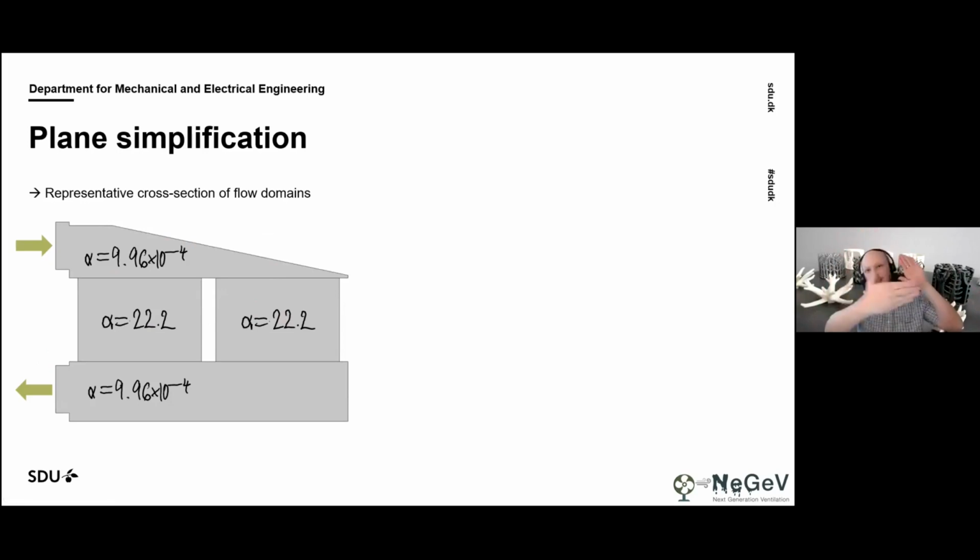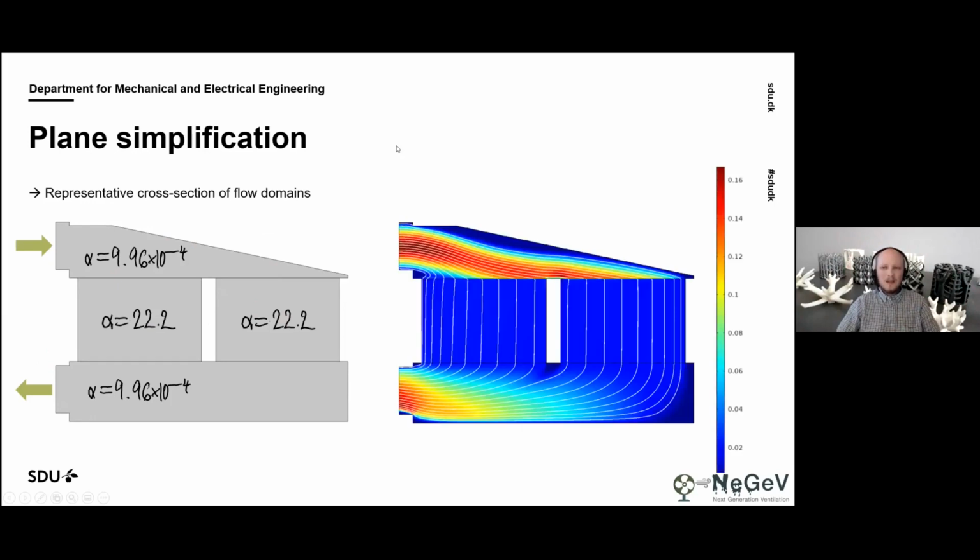This is because we still have some out of plane thickness here, but it's big, so the resistance is small. And we get this flow field here for certain flow conditions. But what is weird is that we have very small velocities between the plates here, which seems weird because we have a very high reduction in the actual volume that the flow is passing through.